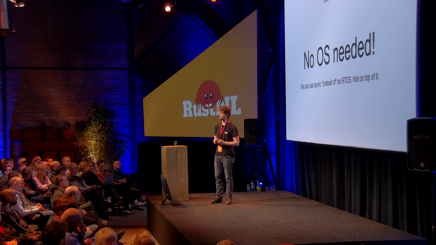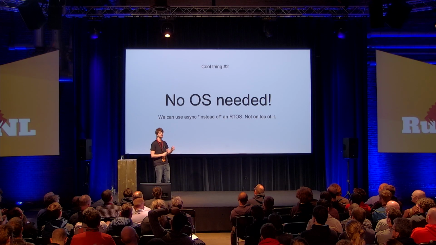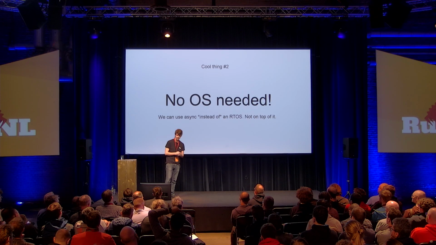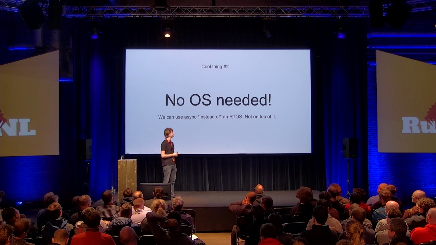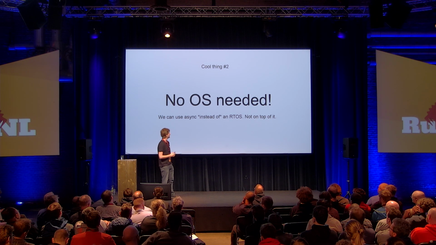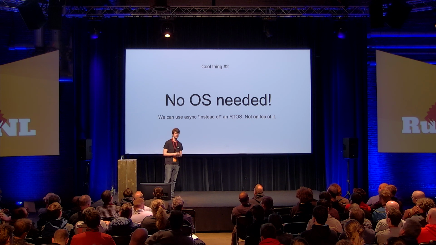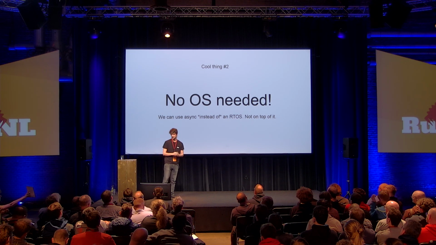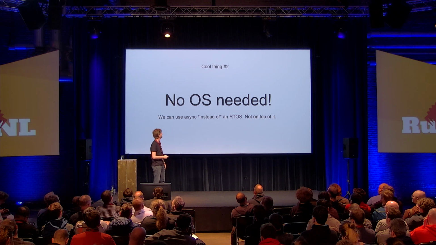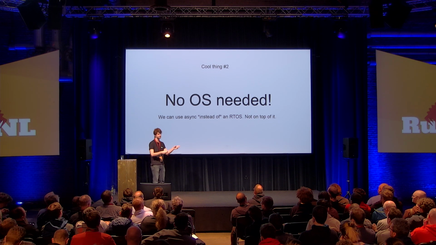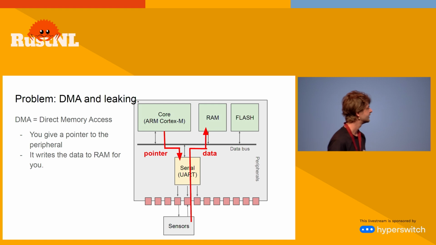Code size is smaller. The executor is just like 600 bytes, while an RTOS kernel that does context switching would be bigger. And also it's simpler because you're not using lower level things from the architecture for doing all the context switching.